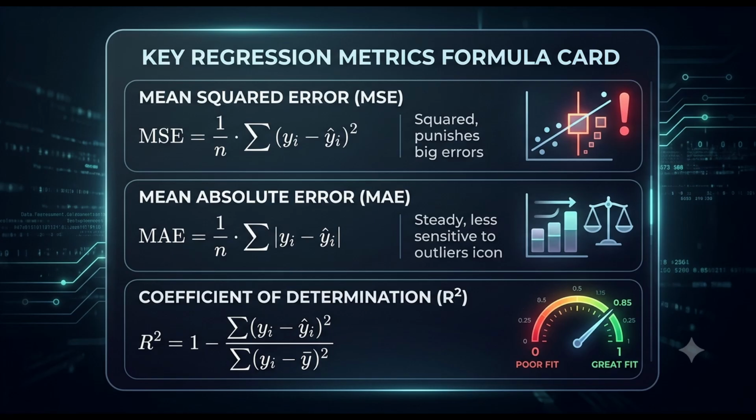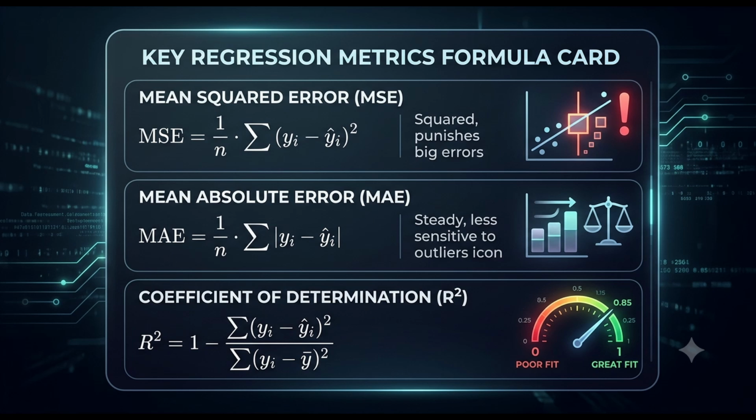much more honest picture. For regression tasks, we use a different family of metrics, since we're predicting numbers instead of categories. Mean squared error takes the difference between each prediction and its true value, squares it and averages it across all samples. And because it squares the errors, it punishes large mistakes especially harshly.